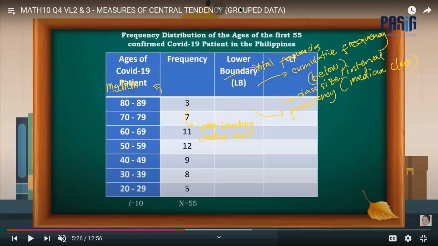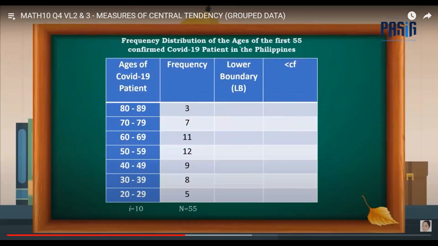So let us have the table. And as you can see, meron na tayo dito table para sa lower boundary, and table para sa cumulative frequency. Yan. So yung frequency natin ito, and this is our lower boundary, this is our cumulative frequency. How do we get the lower boundary?